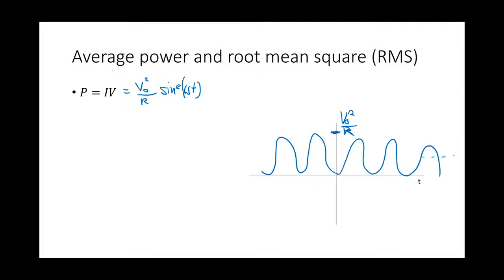So if you cut it right in half, this chunk completely is equal to that chunk. So you can fill it in like that. So you know that the average power over time is just half of the overall height. So the P average here is equal to that divided by 2.